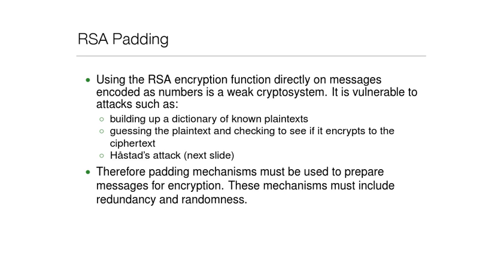So using the RSA encryption function directly on messages encoded as numbers is a weak crypto system. It is vulnerable to attacks such as building up a dictionary of plain text. We know that without padding, without adding some randomness to the message, this is going to be very deterministic.